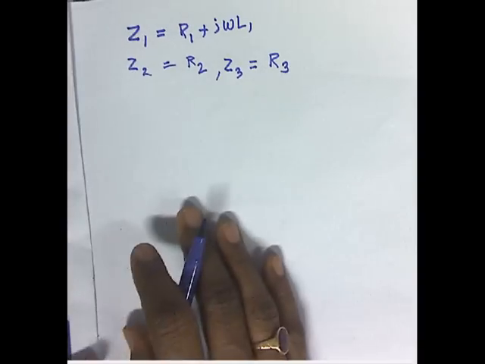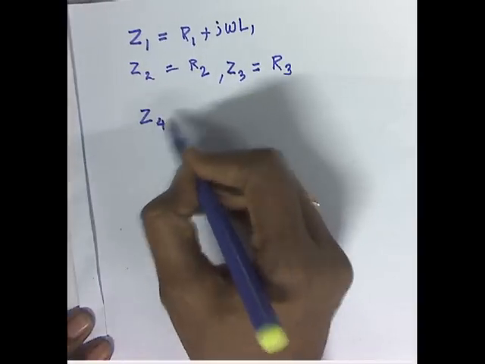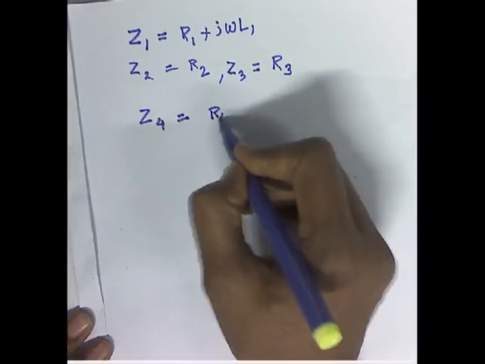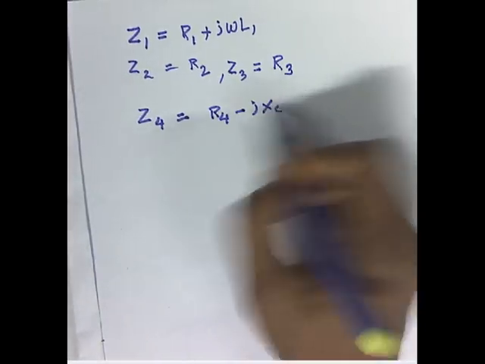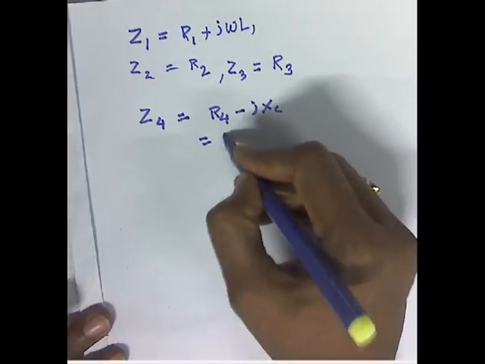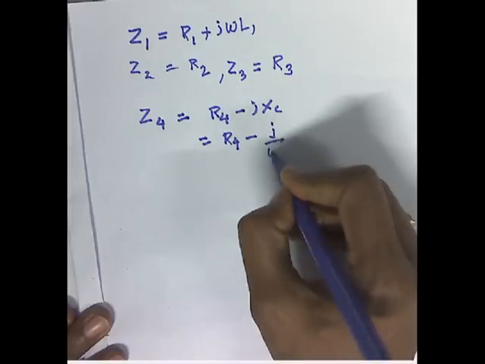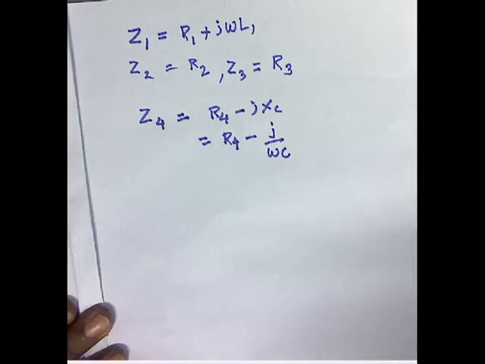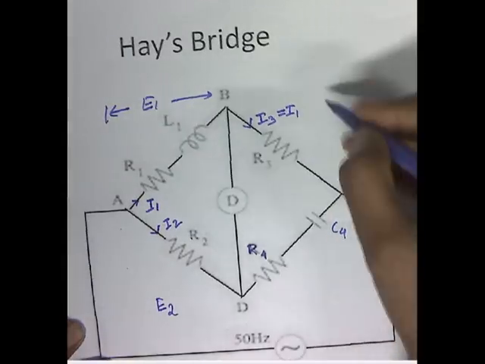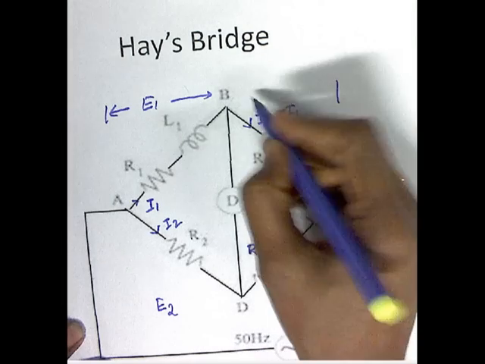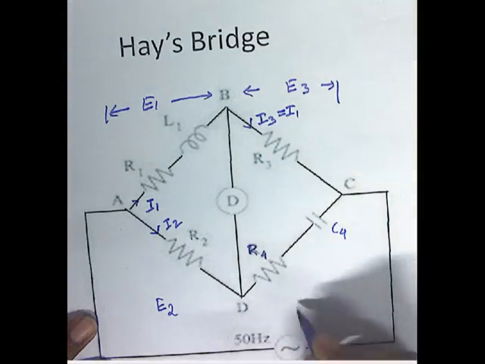So naturally Z4 is equal to R4 minus jXC, which is R4 minus j by omega C. So this is E3 and this is E4.